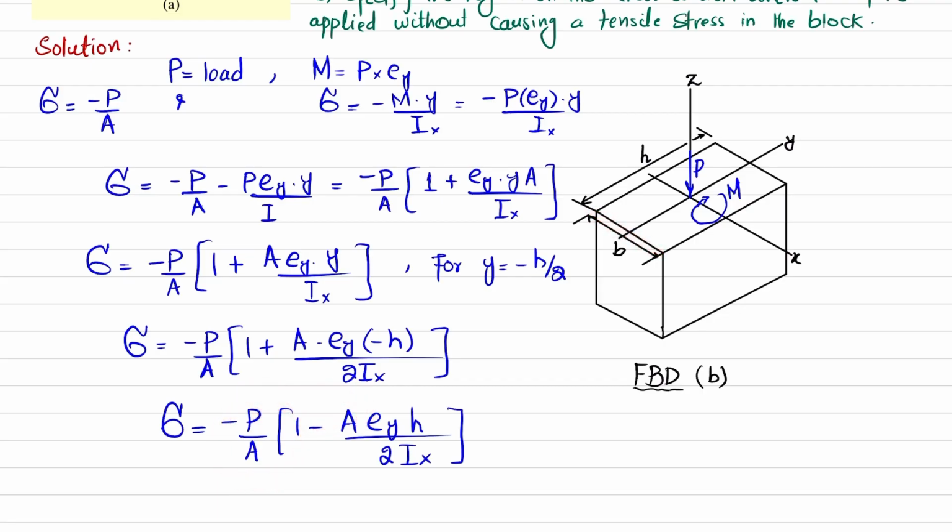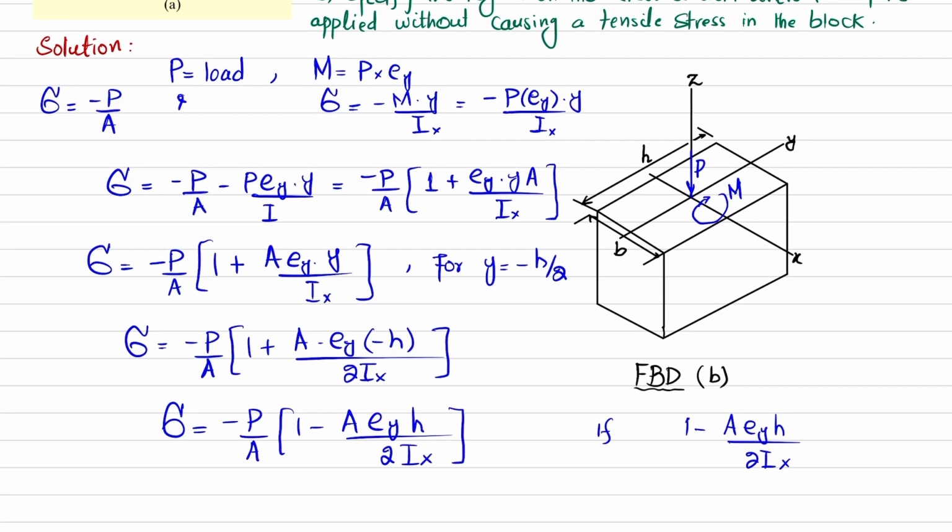If you want compressive stress for this equation, this equation will be negative if 1 minus A into EY multiplied by h divided by 2Ix is a positive number, and this will happen when 1 is greater than AEY h divided by 2Ix.